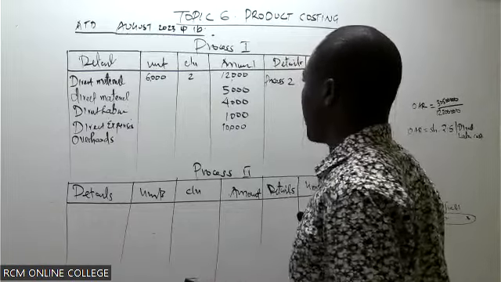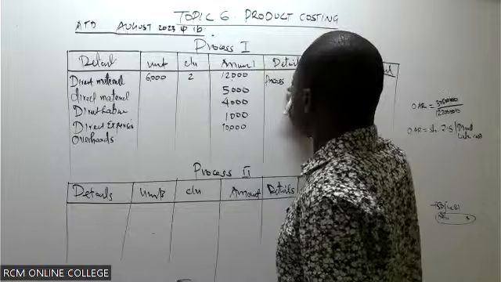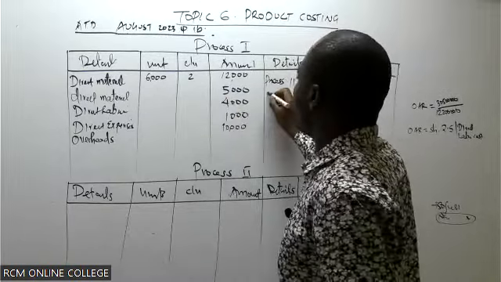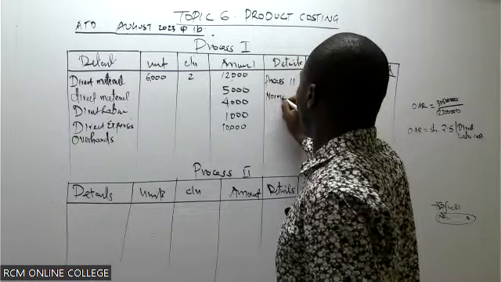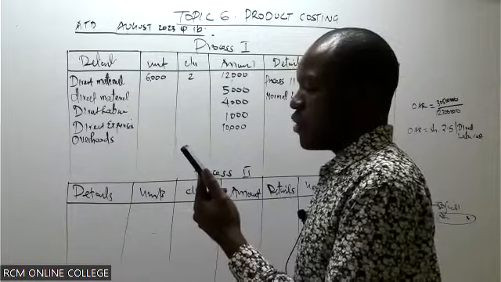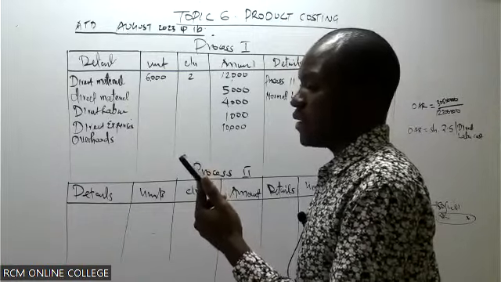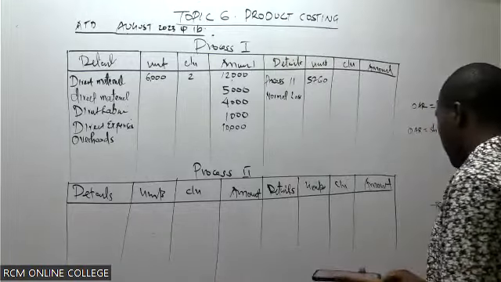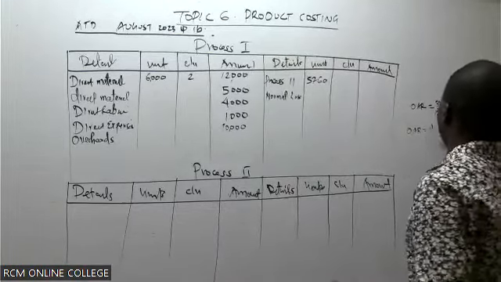I need to calculate that. Whatever is going to process 2, remember we were told that the normal loss, tuliambiwa ni ngapi? For process 1, the normal loss is 5% of the input.